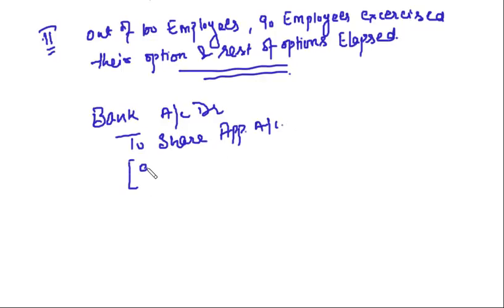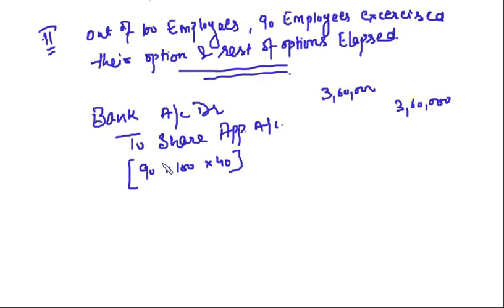Now this time it will be 90 employees multiplied by 100 shares multiplied by 40, right? This comes to 3,60,000. Clear? Because we have received applications only from 90 employees who want to exercise their option, and for the 10 employees who do not want to exercise their option, their options elapsed.